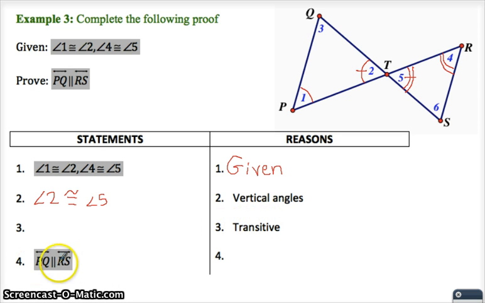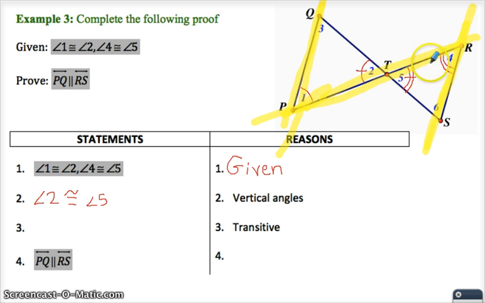Which ones are going to help me establish PQ and RS? Well, we're hoping to get PQ parallel to RS. Are there any angles touching both of those? Yeah, one here, one here. Connect those dots with their transversal. We have the H-bar stuff going on. I could make these a little bigger.